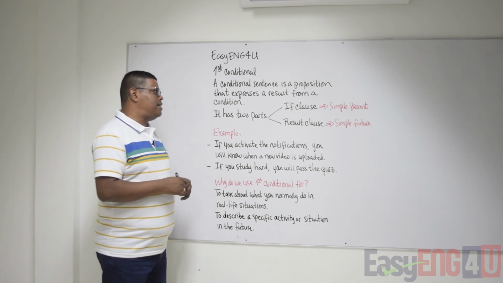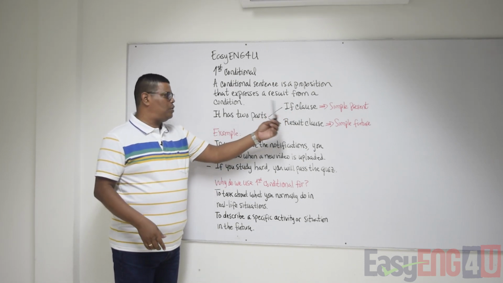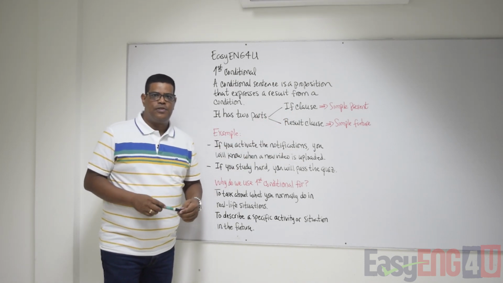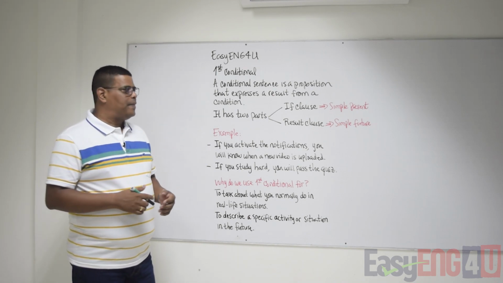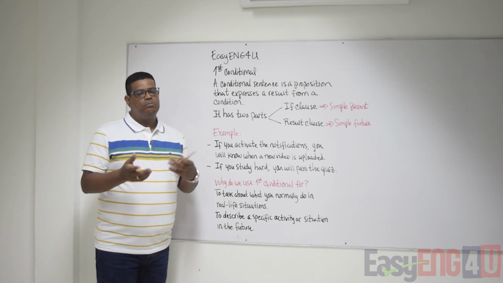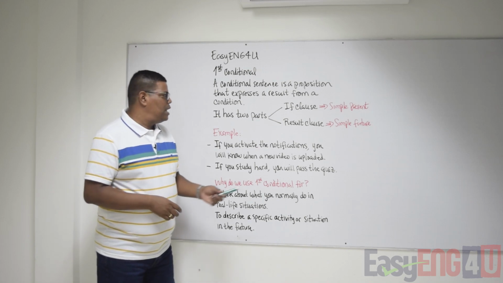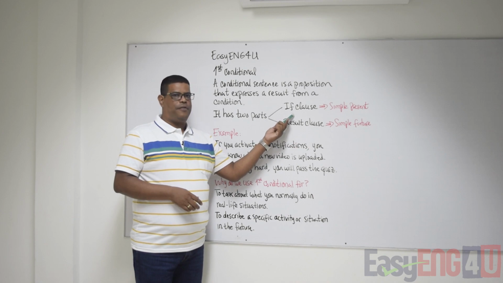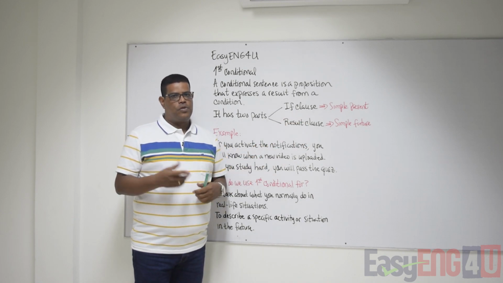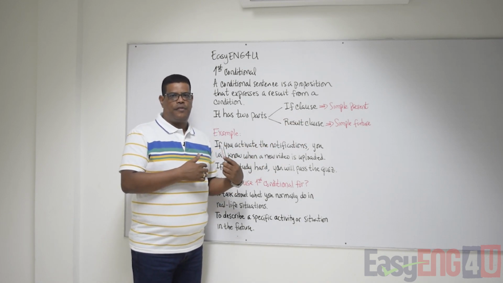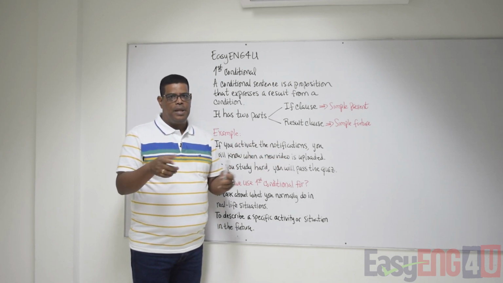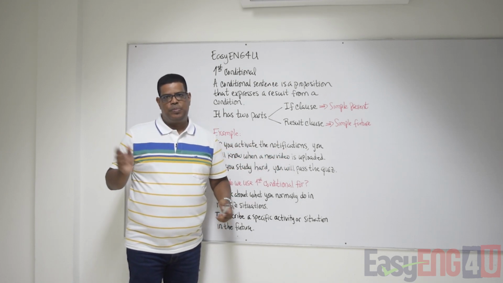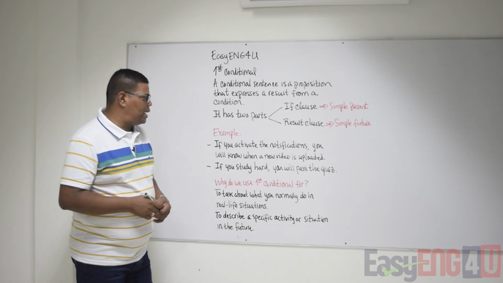Some people may use the result clause first and the if clause at the end. If you use the if clause first and then the result clause, no problem. If you invert them, it's also fine. It's also correct.